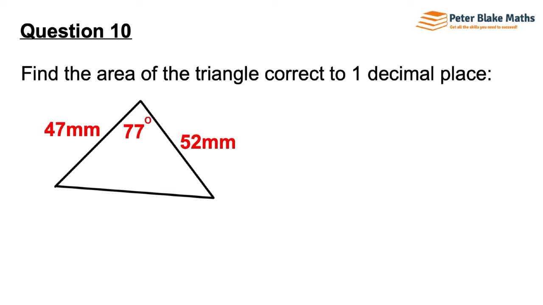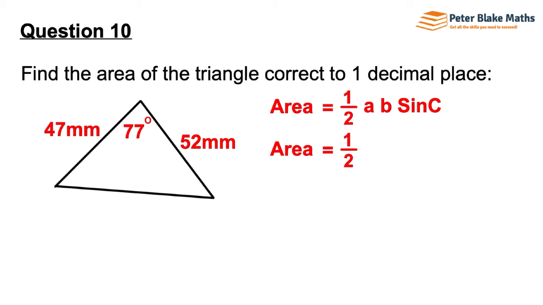So in a non-right angled triangle here, if you've got these two lengths and the angle that's between them, you're allowed to use this formula. Area equals half of ab sine C. There are invisible multipliers in the gaps there as well. So it's half of a and b. Now a and b are the two sides, and capital C represents the angle.